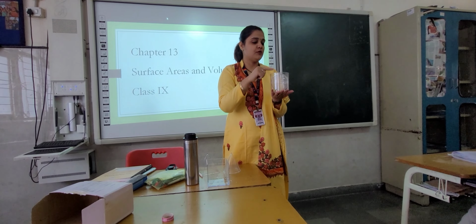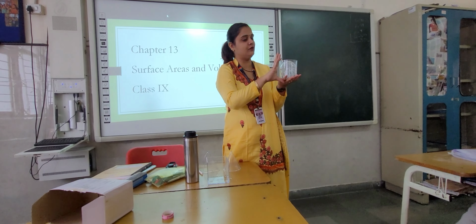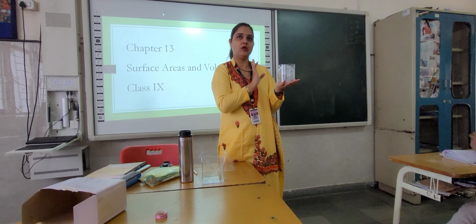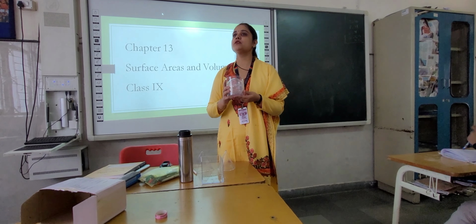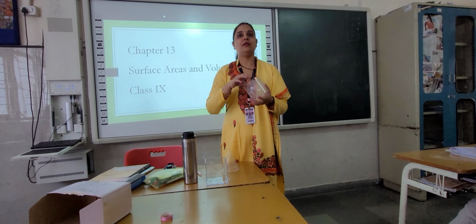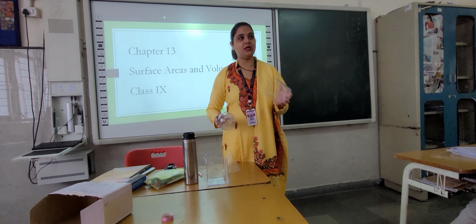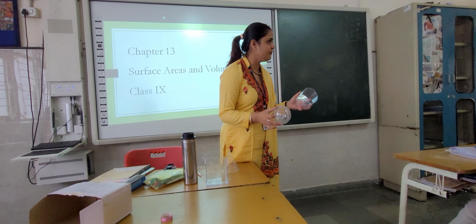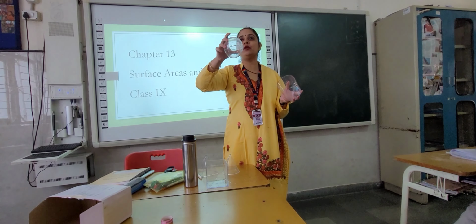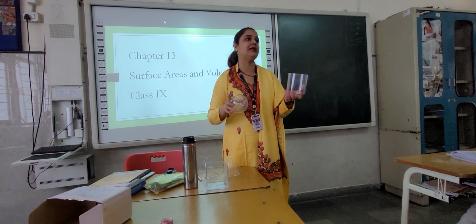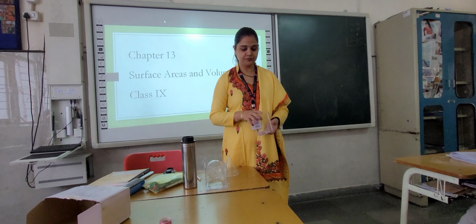That means the diameter of the sphere and the height of the cylinder are the same. Alright, so we have this situation when the radii of all three are the same and the diameter of the sphere is equal to the height of the cylinder and the cone.